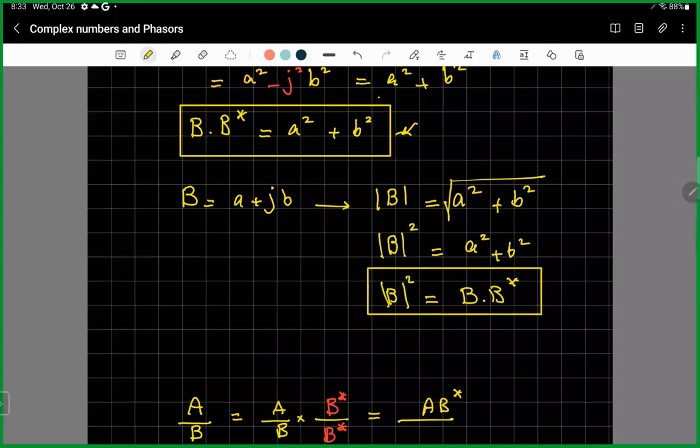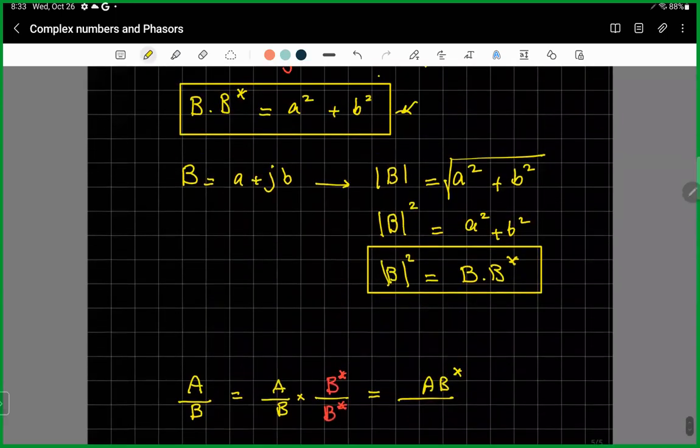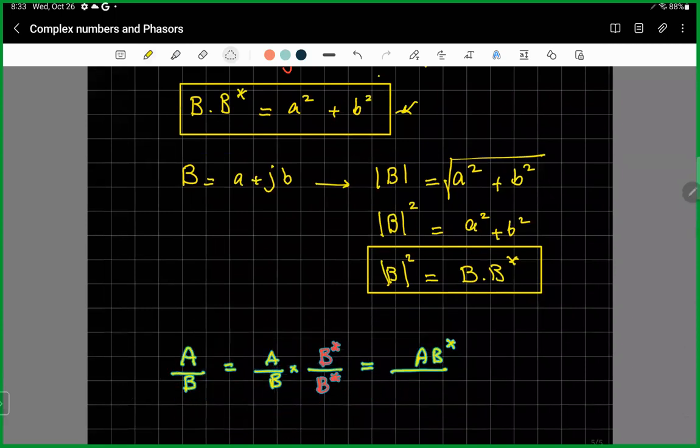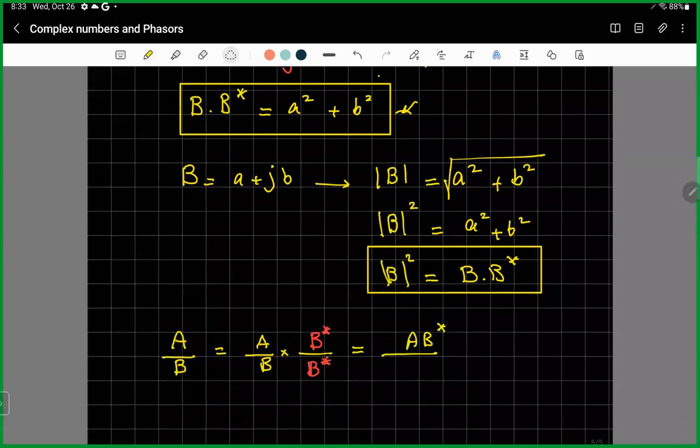So when you divide, now I go back to my example. If you divide two complex numbers, you will have a times b conjugate over b times b conjugate. Why am I doing that?